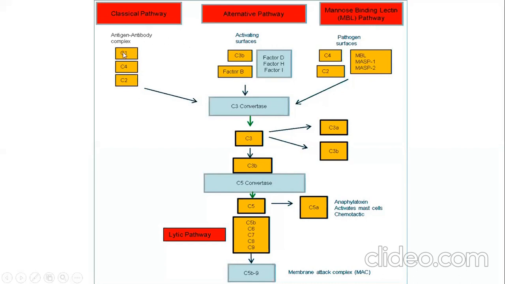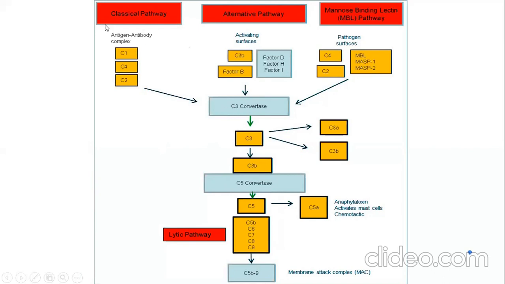Whatever is in the yellowish orange constitutes part of the complement system, complement proteins C1 to 9, whatever we have spoken. And these blue ones represent factors or enzymes involved in the system, enzymes that catalyze specific enzymatic reactions. In the alternative pathway, the enzymes are called factors, factor D, factor H. But in other pathways, the complements are named C1 to C4.